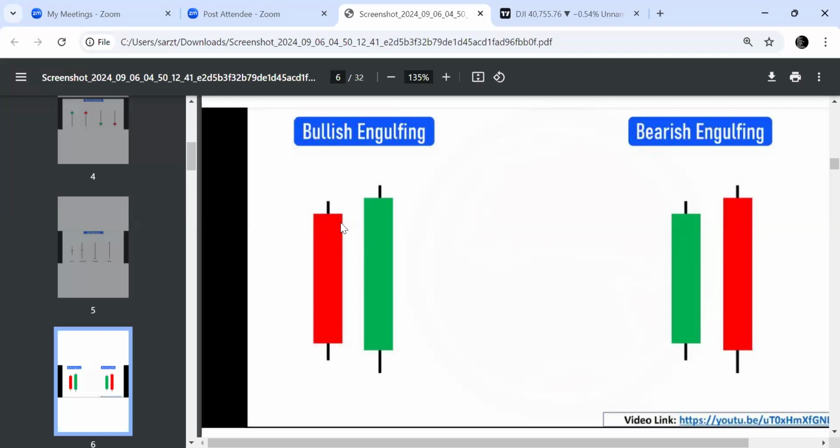So it indicates bullishness. This bullish engulfing candle is a clear signal that buyers have taken control from the sellers. The strength that sellers showed during the price decline is now being countered by the bulls. If this pattern forms near a support level, it becomes an even stronger signal that the market might be reversing.